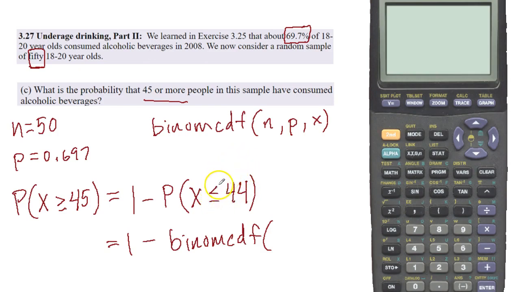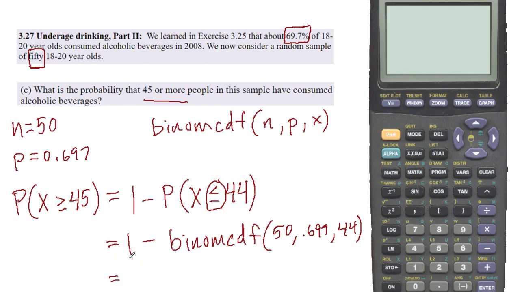And keep in mind, it is less than or equal to. That's what form we want. So this would be 50, 0.697, and 44. The X value in here is what would be next to the less than or equal to. So you need less than or equal to.